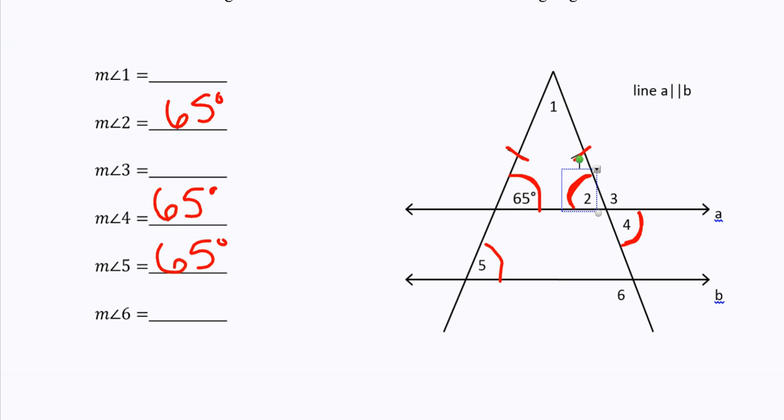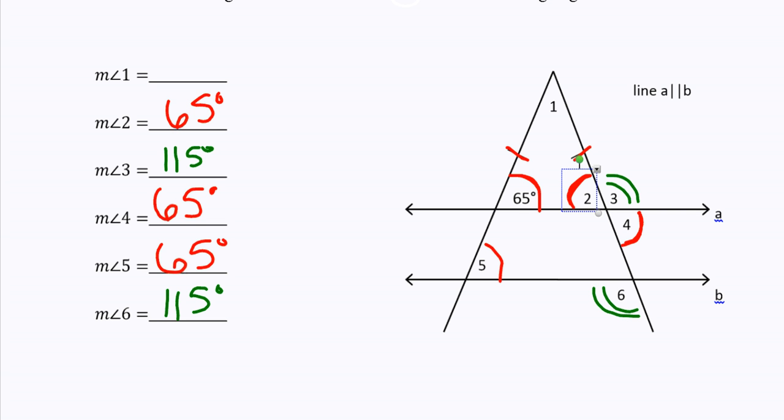Next, I see this angle 3 here. Now it's not congruent, but it's on a straight line. It's supplementary to 2. So if I can subtract 65 from 180, I'm going to get angle 3, which is 115 degrees. And angle 6 is alternate exterior angles with angle 3, so that's also going to be 115. Okay.